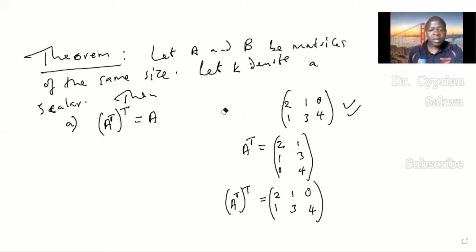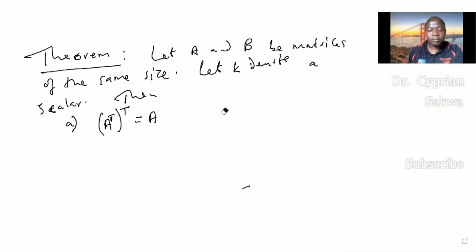So let's look at the other part of this theorem. The transpose of KA will be the same as K times A transpose.